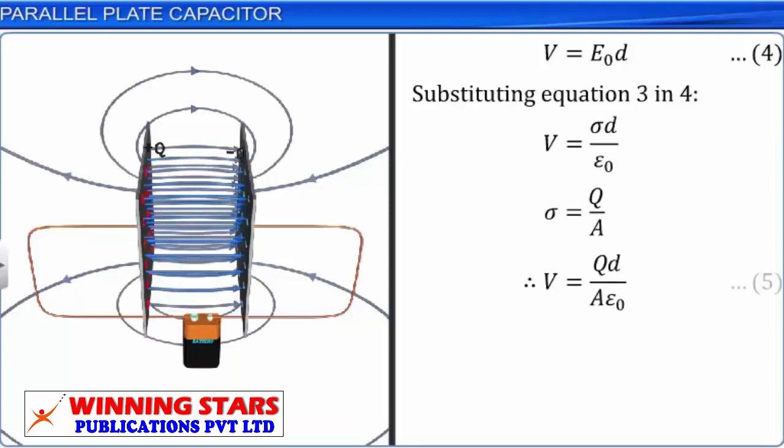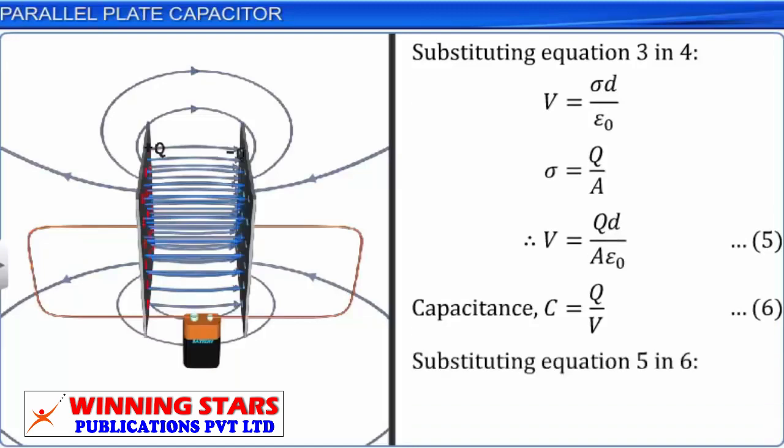Now, the capacitance of a parallel plate capacitor C is equal to Q by V. Let this be equation 6. Substituting equation 5 in 6 and simplifying, we get capacitance C is equal to epsilon naught A by d. Let this be equation 7.